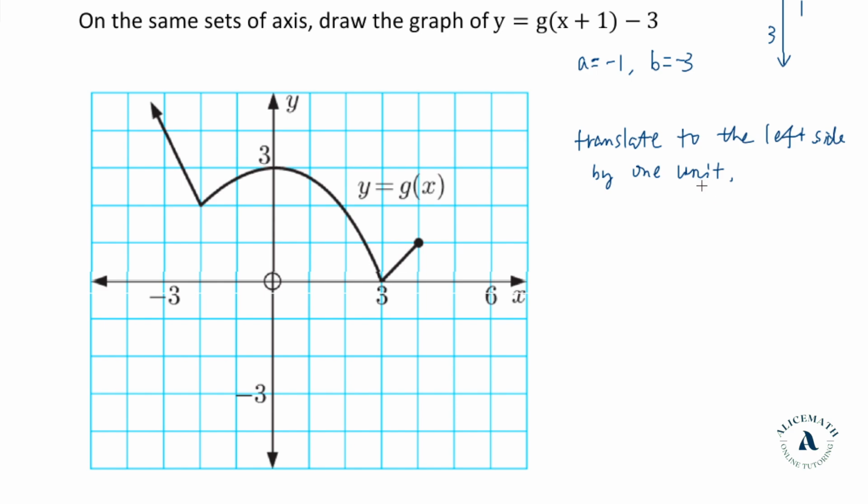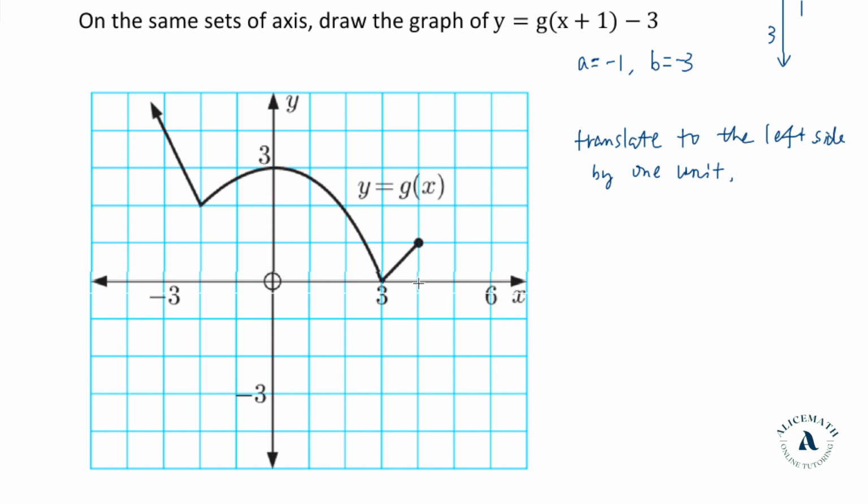We need to change the x coordinate here. Alright, so I use the same color, the blue color. And now look at this graph. We have some vertex here, one point here, and then here the y-intercept, and here we have a vertex. So this means we try to move all of the vertices by 1 unit to the left side.